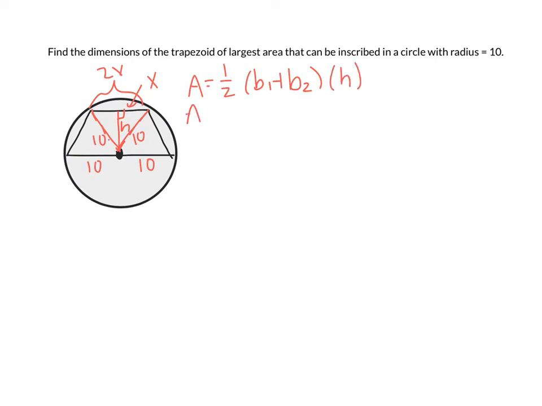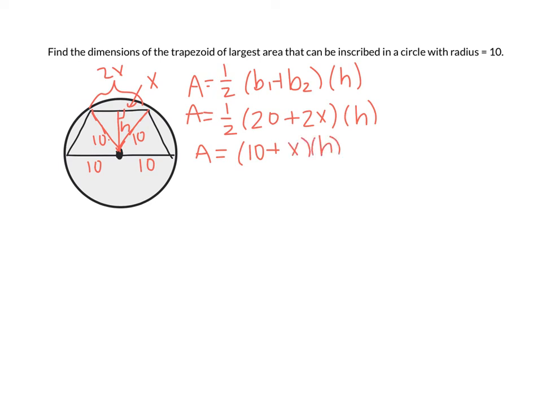So in this situation, the area is 1/2 times the big base, which is the diameter, so that's 20, plus the upper base, 2x, times the height. That's equal to (10 plus x) times the height, just dividing by 2 there.